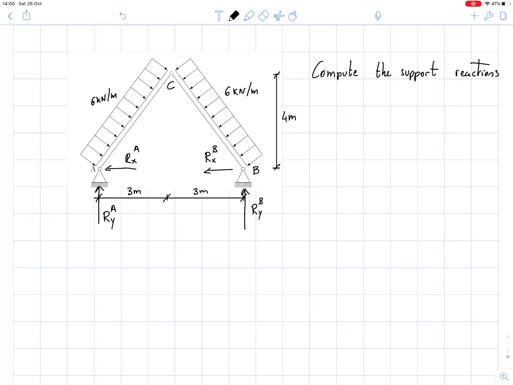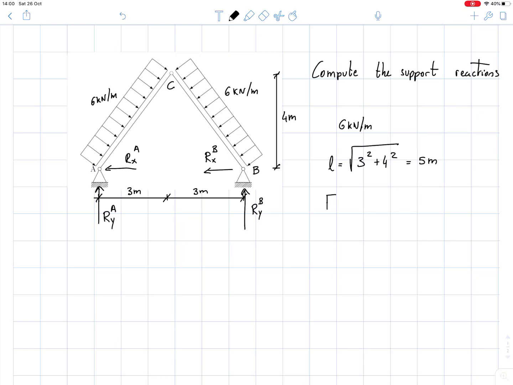Now, the main difficulty in this problem is that we have a distributed force of 6 kilonewtons per meter, which is neither horizontal nor vertical. The first step is to calculate the resultant of this force. Each beam has a length of square root of 3 squared plus 4 squared, so 5 meters.